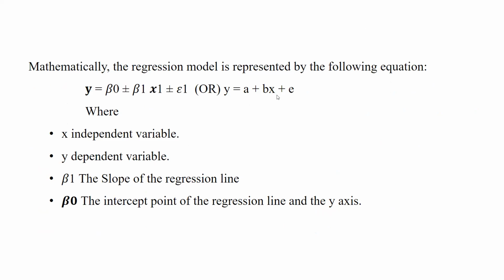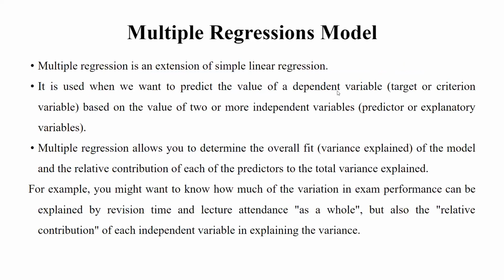The second independent variable will be denoted as x2, and a third variable will be added like plus b3x3, b4x4, b5x5, and so on. Here we consider this as an extension. When this is extended to more than one variable, we call it a multiple regression model.